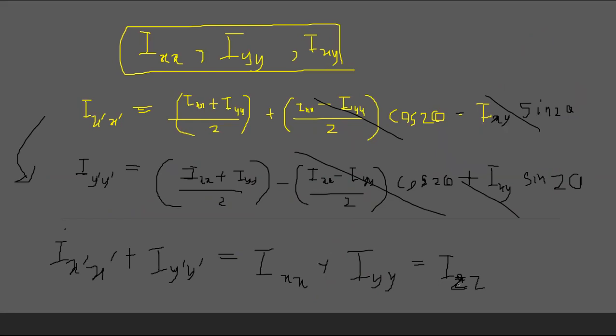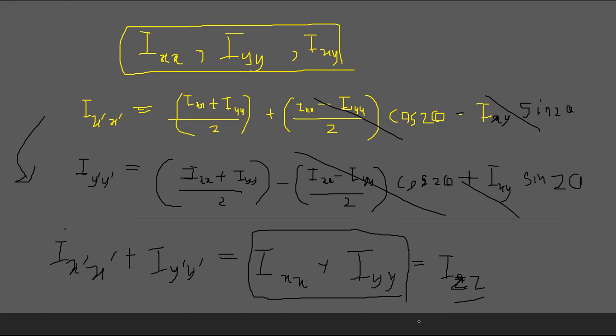That is not dependent on the rotation angle. We call this the polar moment of inertia. Even if you take perpendicular axes, if you add Ixx and Iyy, that is equal to the polar moment of inertia. So these are the things you have to keep in mind.